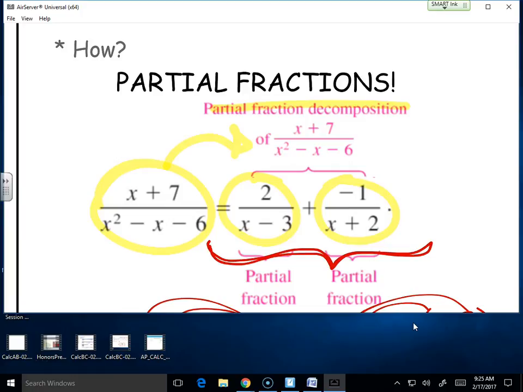For composition, we look at it and say, who's the innermost? Who's the one outside of that, outside of that, outside of that? We're peeling off the layers, like peeling off the Matryoshka dolls. The nesting dolls? Anyway. That was a different day, a different topic. This time, we are breaking apart a put-together fraction into its parts, into its partials is the snazzy term for it. Now, how do we do that?